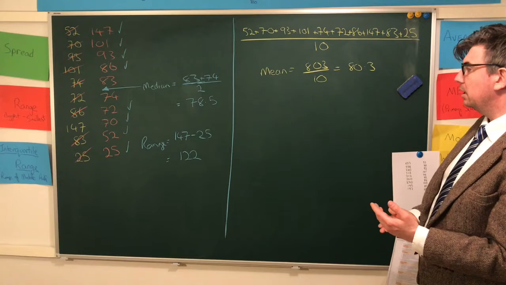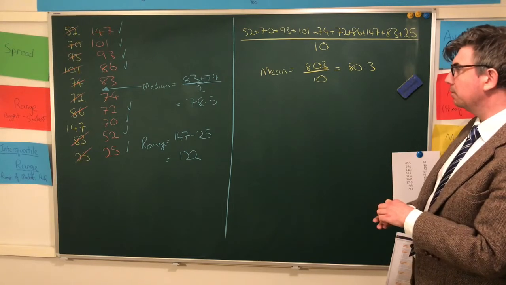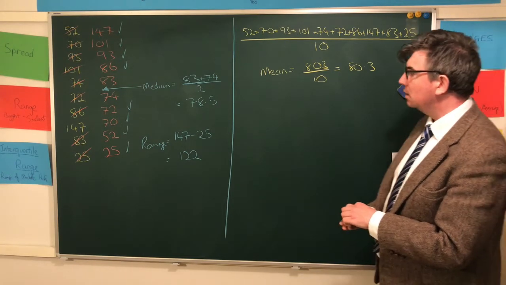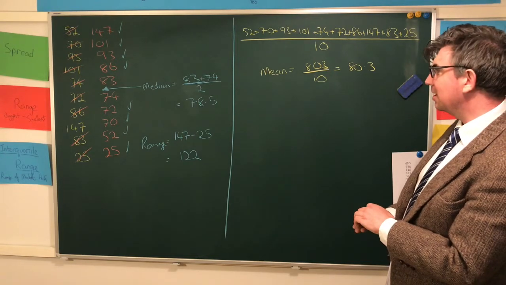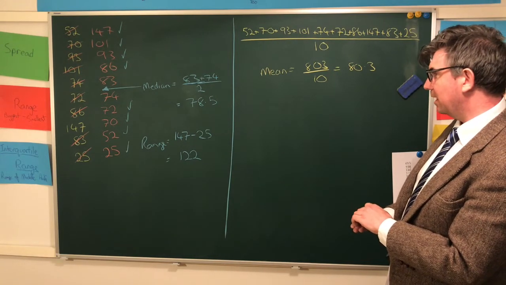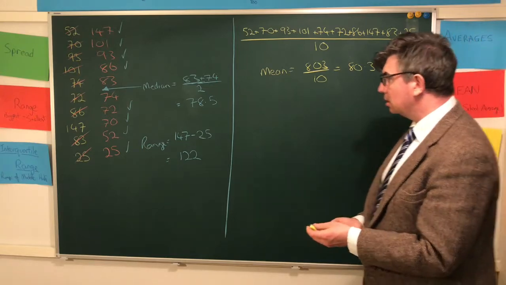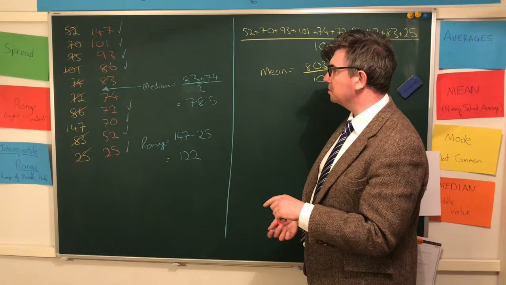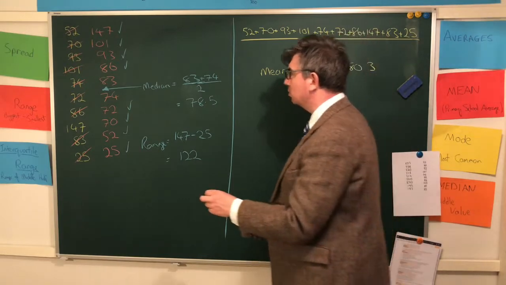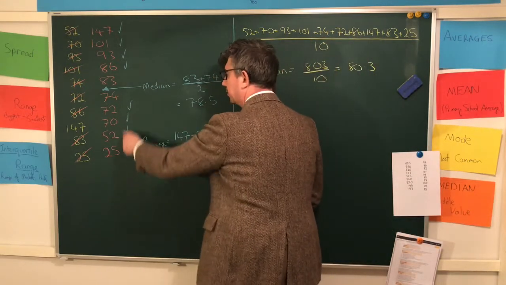Next job is the interquartile range. This is the tricky one. So what colour am I going to use? I'm going to use yellow, probably. Instead of ticking, because there's a lot of ticks up there at the moment, I'm going to do circles or something, okay? So there's the bottom half.